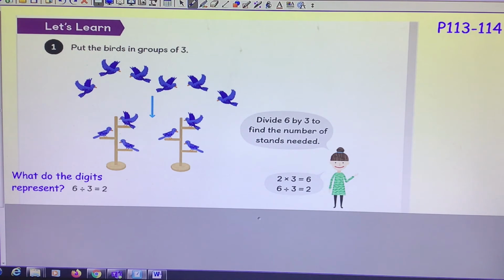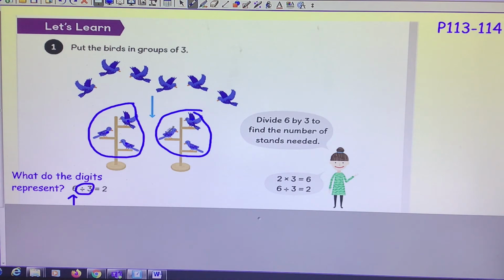So here, what do the digits represent? 6 was the whole. We divided it into groups of 3. 1, 2, 3. 1, 2, 3. And we have 2 groups. That's what the digits represent.